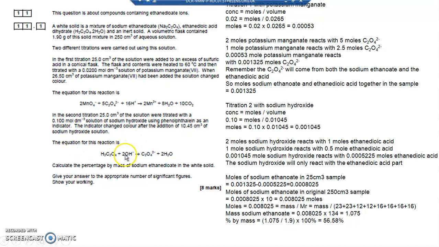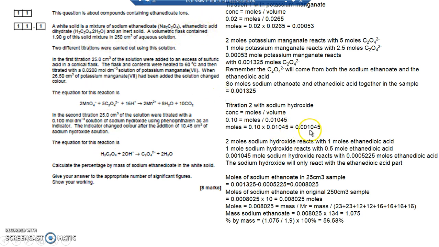Let's have a look at what the sodium hydroxide does. It reacts with this chemical, H2C2O4, which is just this one. This one hasn't got H2C2O4 in it. This one has. The ethanedioic acid dihydrate has got H2C2O4. And 2 moles of sodium hydroxide, the sodium hydroxide is making these OH- ions, 2 moles of the sodium hydroxide react with 1 mole of this ethanedioic acid.